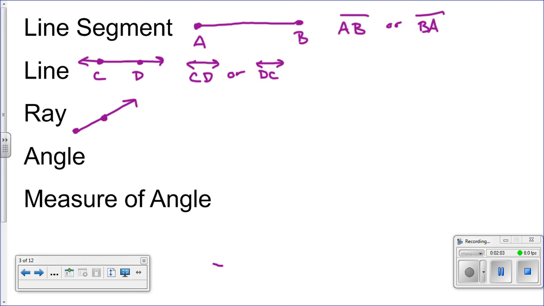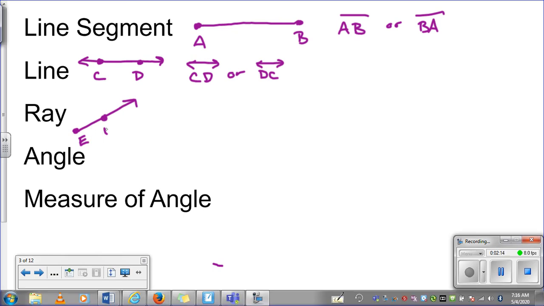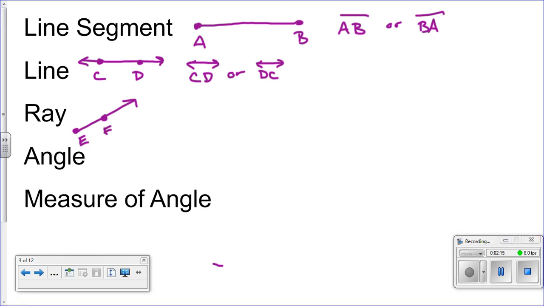We did talk about rays when we did scatter plots. This is very specific how you write these. You draw a little ray, but the first thing that has to be here is the endpoint. So there's only one way to write this.